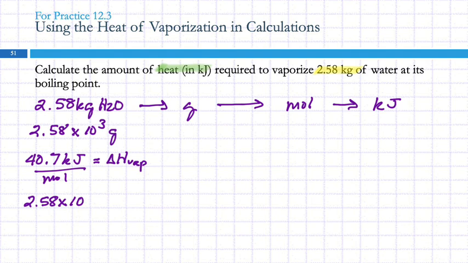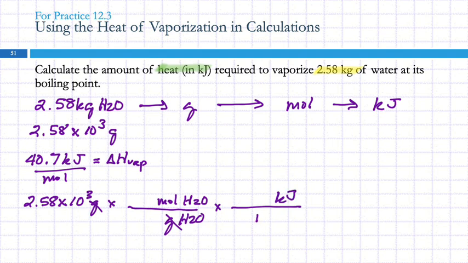So 2.58 times 10 to the 3rd grams. I want to convert this to moles of water, so I'm going to divide by grams of water, so the units cancel out. And then I'm going to multiply by kilojoules and divide by moles. The heat of vaporization is the relationship between energy and moles.